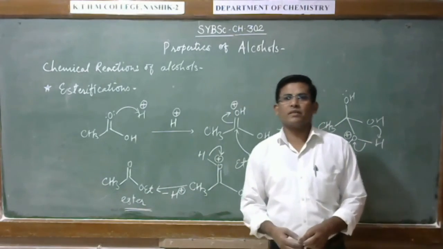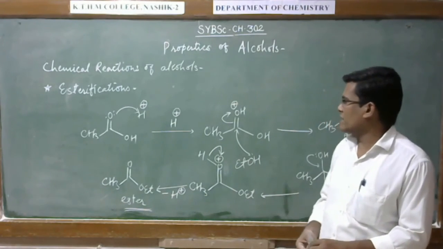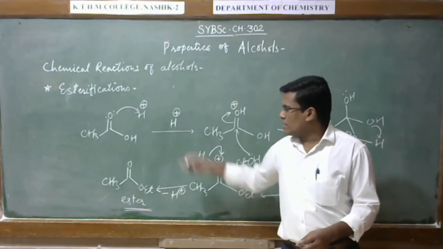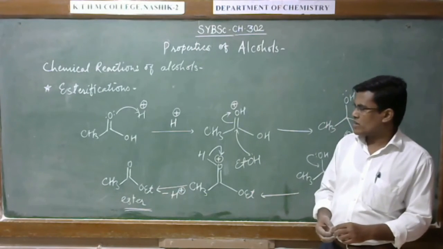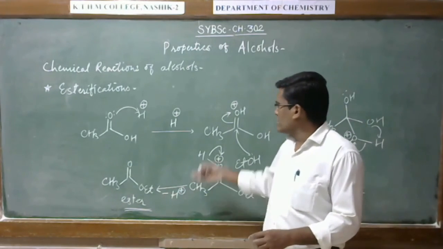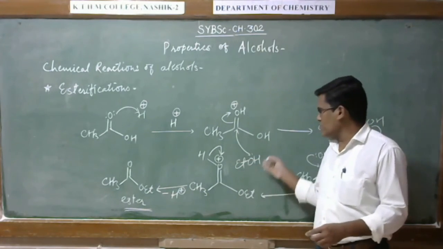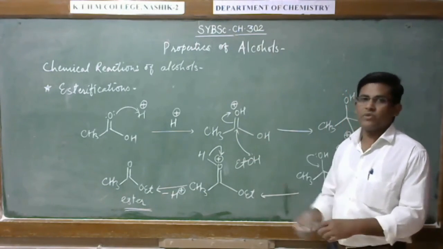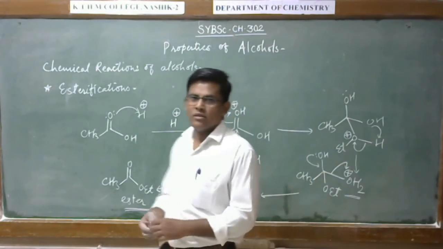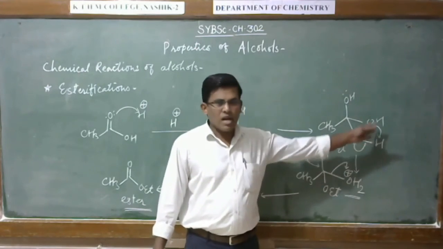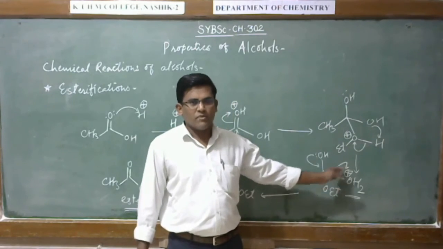Since this esterification is undergoing in the presence of acid, in the first step there is a protonation. Then after protonation, the nucleophilic attack of this ethanol on this carbonyl carbon will generate this oxonium ion, and after proton transfer to this OH group, it will generate this good leaving group.